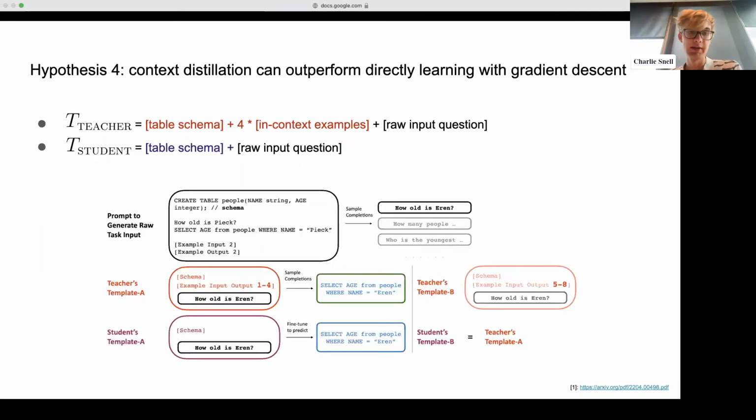The task that we looked at was this semantic parsing task, where there is a lot of compositional reasoning happening with respect to the in-context examples. Like if you have an in-context example that has, how old is Peak?